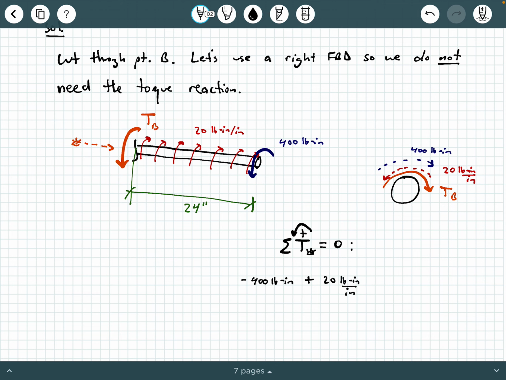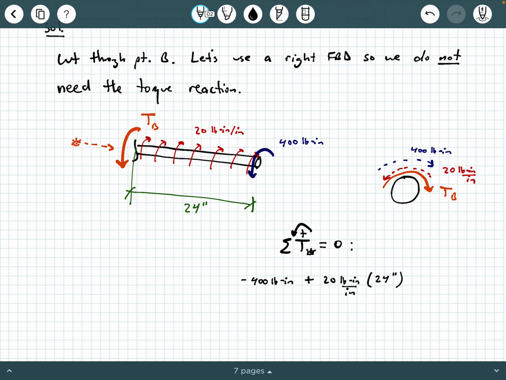Now remember that 20 pound-inches per inch, that's a distributed torque. That's a uniformly distributed torque, which means you need to get an equivalent point torque. So what do we do? Well, just like if this was a beam in statics, we say 20 pound-inches per inch multiplied by the length that it's distributed over. So we multiply that by 24 inches, okay?